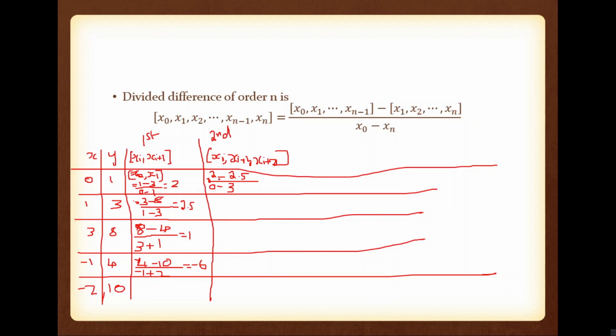So 2 minus 2.5 divided by 0 minus 3. What is the answer? 0.5 divided by minus 3, or minus 0.5 by 3, or minus 1 by 6. So I think it is minus 0.167, if you are using 3 significant digits. Is it correct?